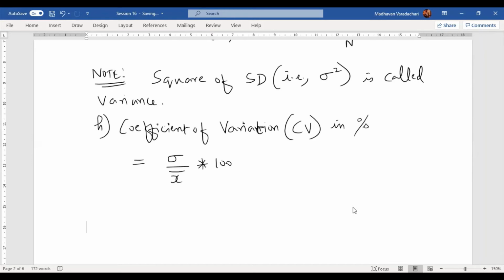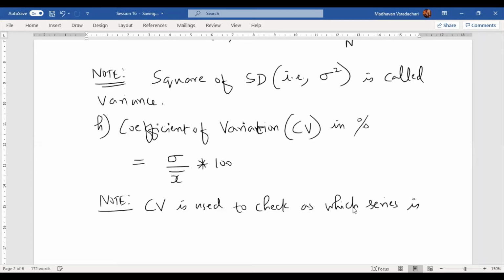For example, I can say, note, CV is used to check which series is more consistent or more variant.